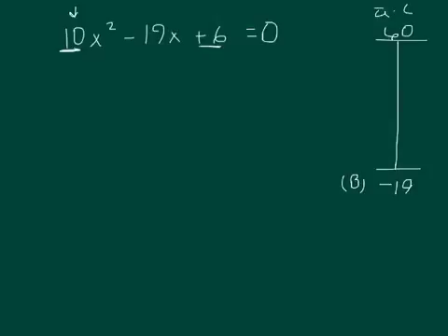So our factors of 60 are 1 and 60, 2 and 30, 3 and 20, 4 and 15, 5 and 12, 6 and 10. 7 doesn't work, 8 doesn't work, 9 doesn't work, and then we're back here at 10 and 6.